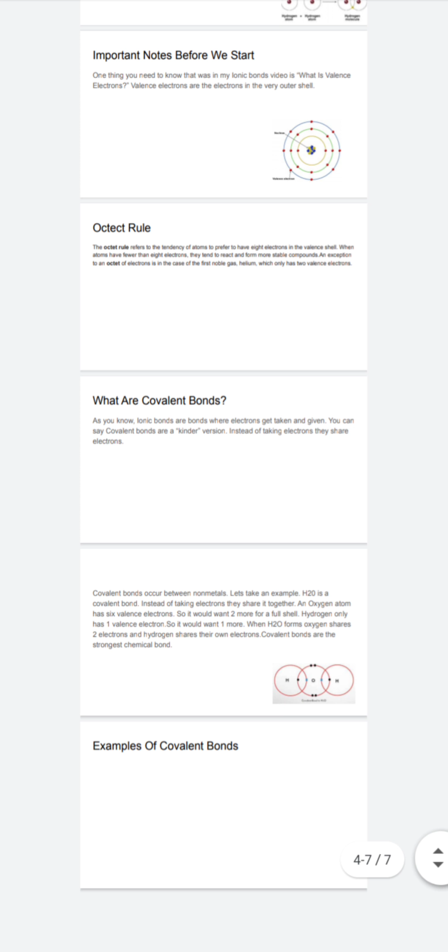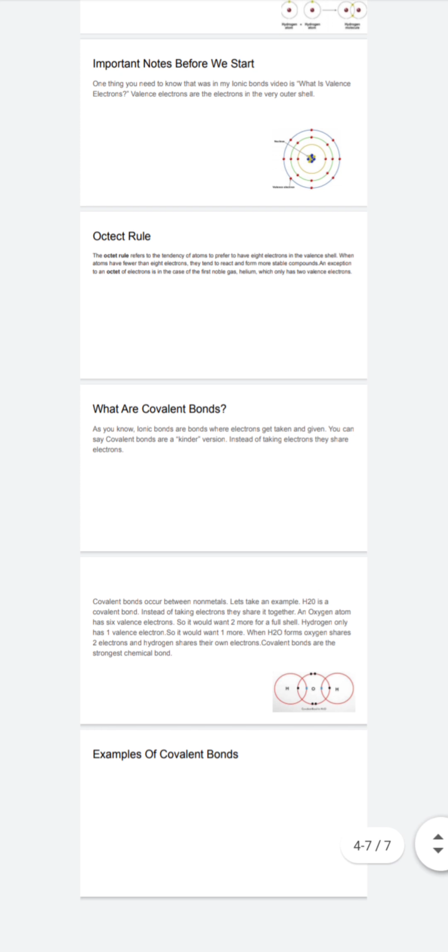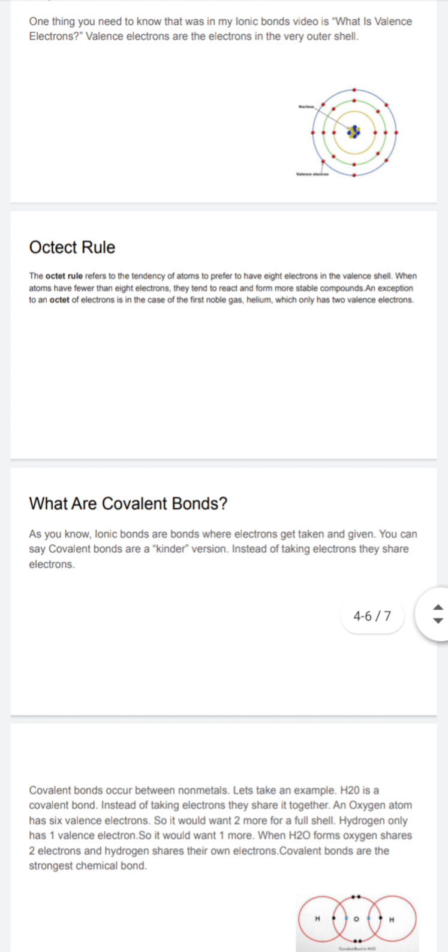Now that we've finished the slideshow, I'll also give you a full summary of what I've gone over. Once again, valence electrons are electrons on the very outer shell. The octet rule, in short, is the tendency of atoms to have a full outer shell.